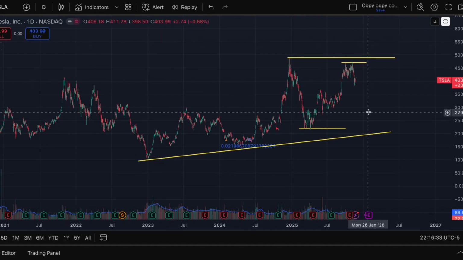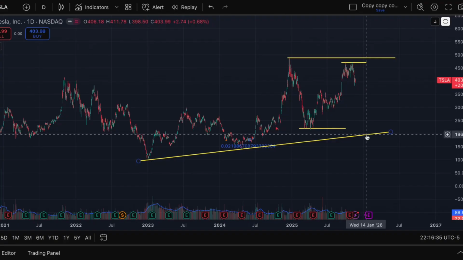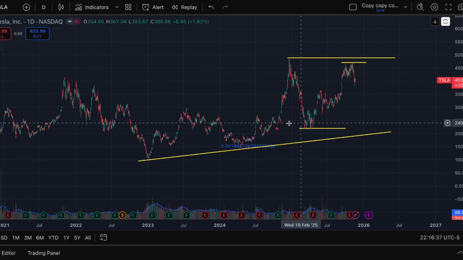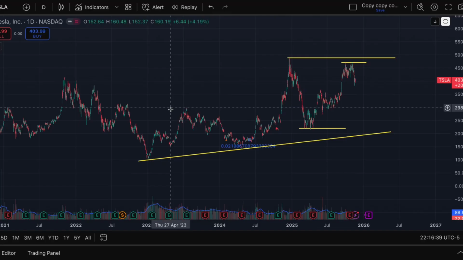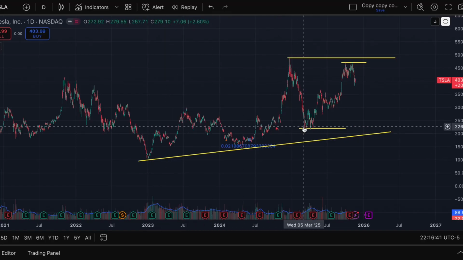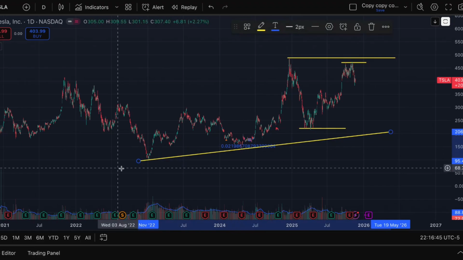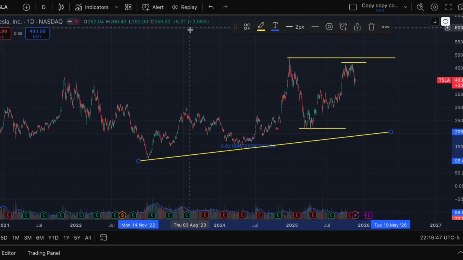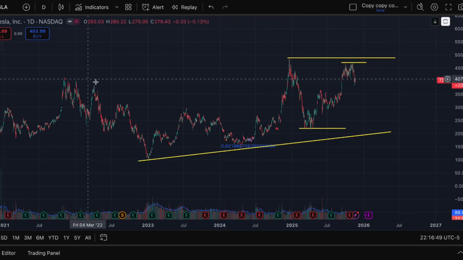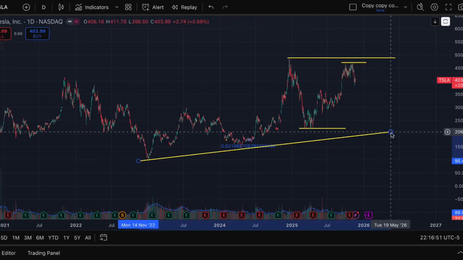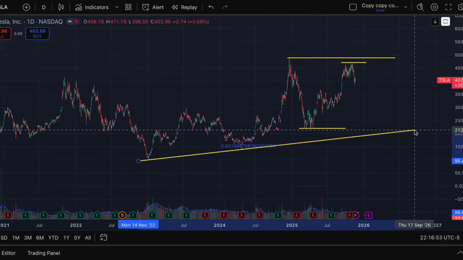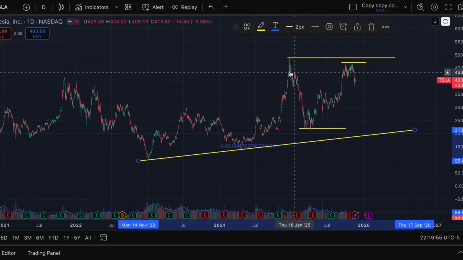Now again, I don't expect the price ever to come back down this low, but this is just for the video. So basically on Tesla, we're in an overall uptrend on the daily time frame.